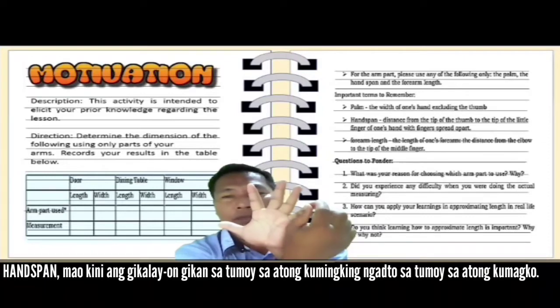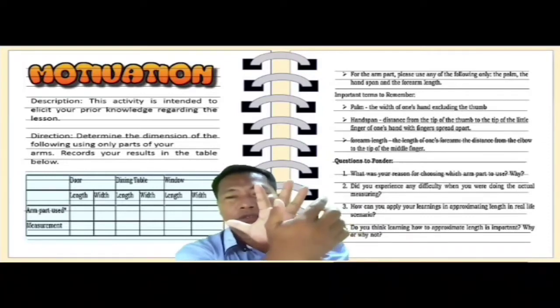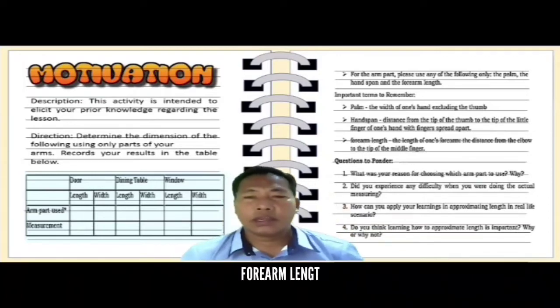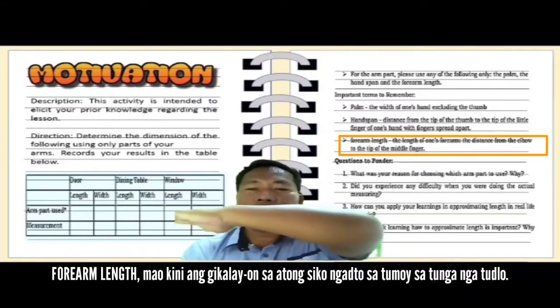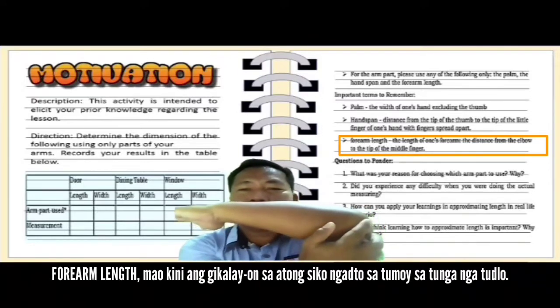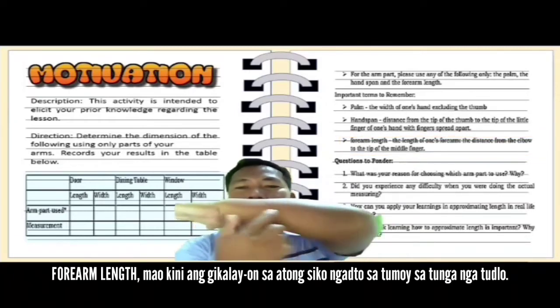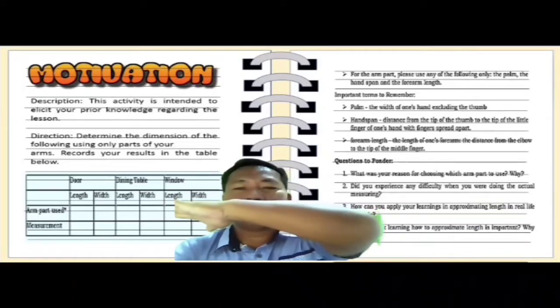This is the measurement of the handspan, from the little finger up to the tip of the thumb. The other is forearm length, the length of one's forearm, the distance from the elbow to the tip of the middle finger. That is our measurement of forearm length.